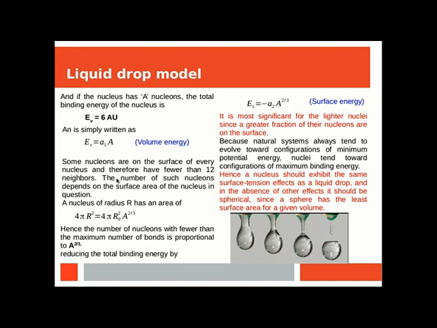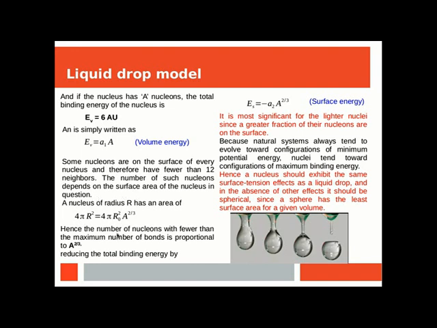Few of them are in the interior and some of them are on the surface. The nucleons which are present on the surface are not able to remain in contact with 12 neighbors. Only the interior nucleons have 12 neighbors. Those on the surface have fewer than 12 neighbors. So this is not the accurate value of binding energy. Volume energy is one component, but it has to be reduced by certain other factors.